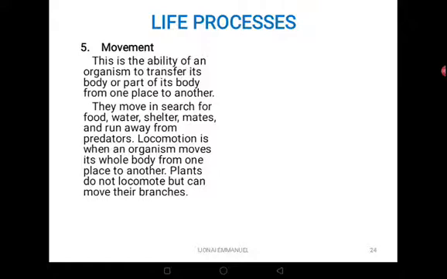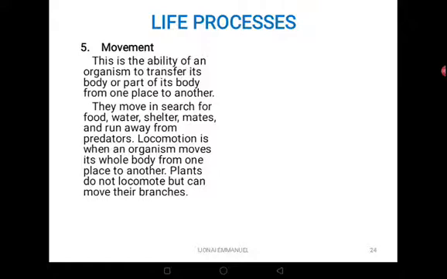We also have another term which is related to movement called locomotion. It's when an organism moves its whole body from one place to another. So movement can be moving part of the body or moving the whole body from one place to another.